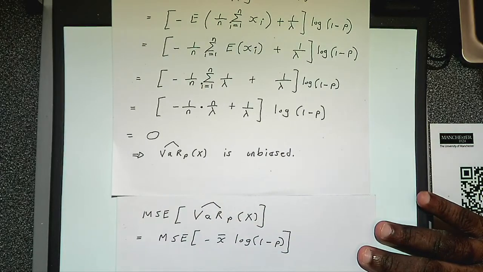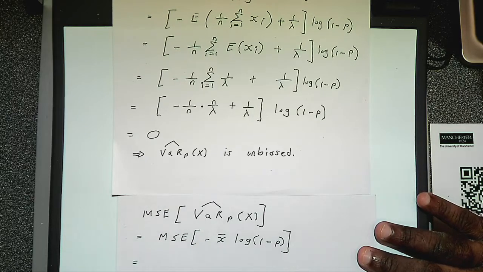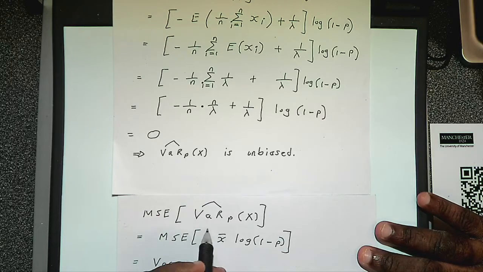You may remember from your last 2 years that if an estimator is unbiased, then the MSE is the same as the variance. Here it's going to be confusing because I'm using VaR, but variance is different from VaR, although they look similar.